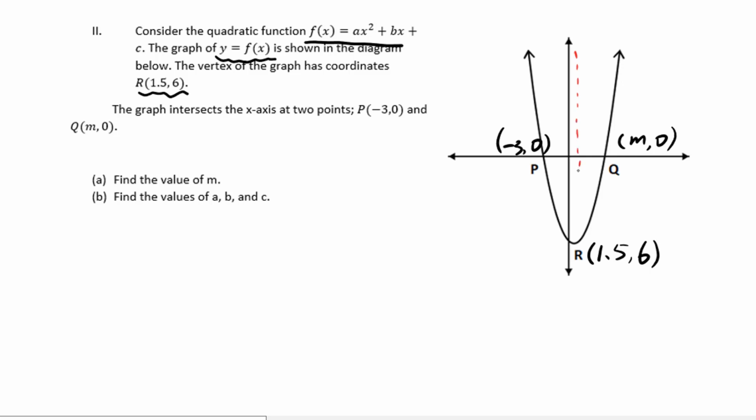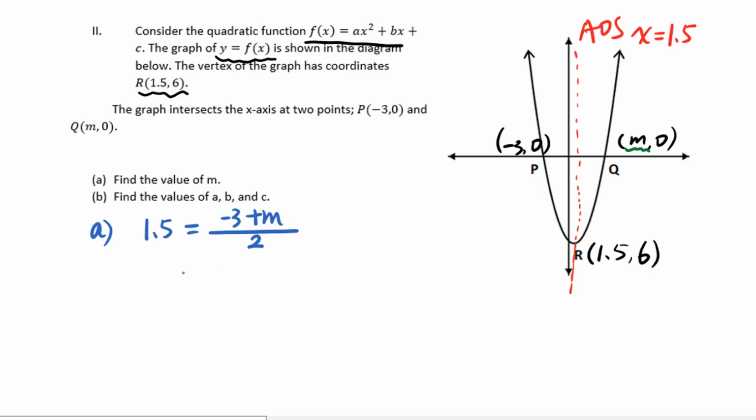This is the axis of symmetry. That is x equals 1.5. So we got to use the midpoint formula to figure out this m. That will be 1.5 is the midpoint of -3 plus m over 2.